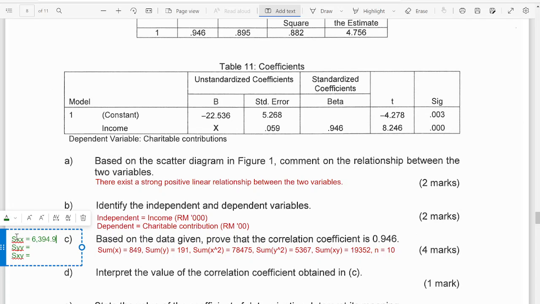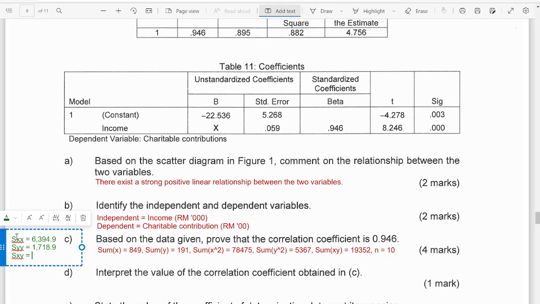6394.9. Okay, and then for the second one, summation of YY, you have 5367 minus summation of Y will be 191, so 191 square divided by 10, so you get this to be 1718.9.